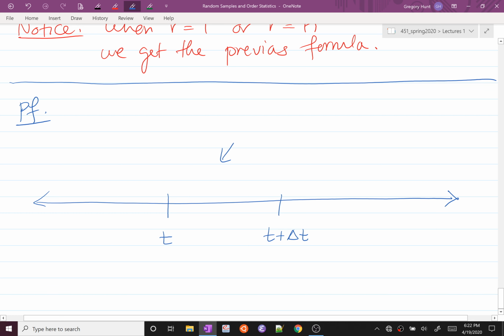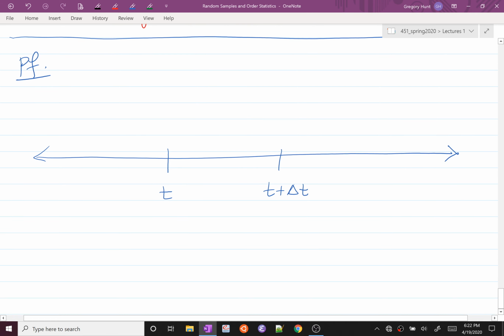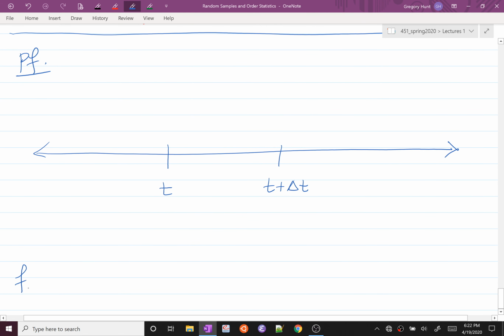The PDF of my rth order statistic at t is going to look a lot like the probability that my rth order statistic is between t and t plus delta t.